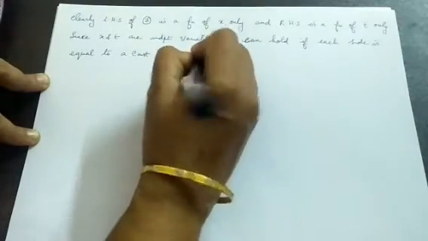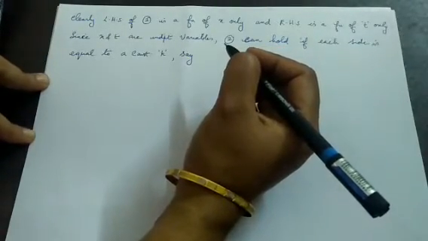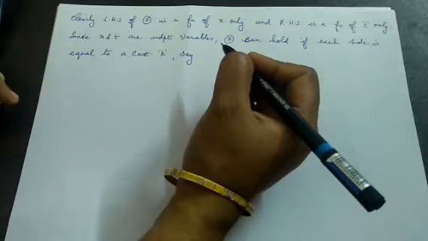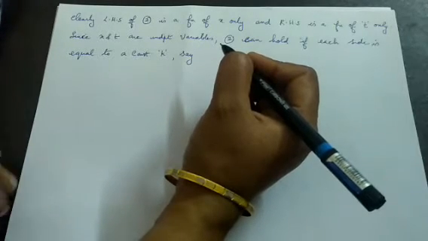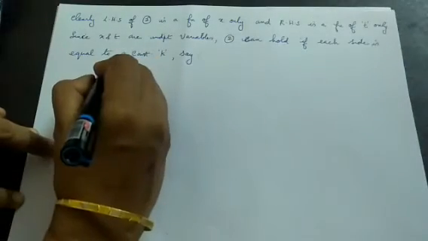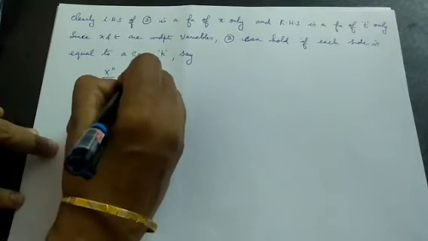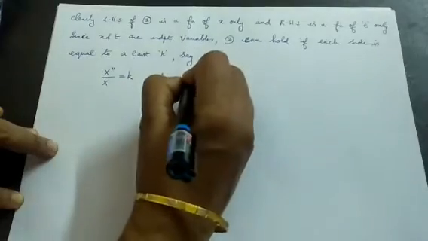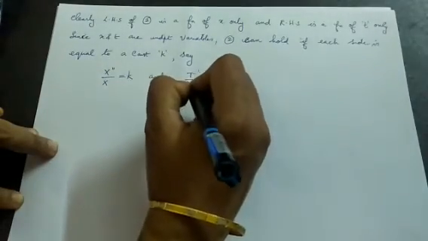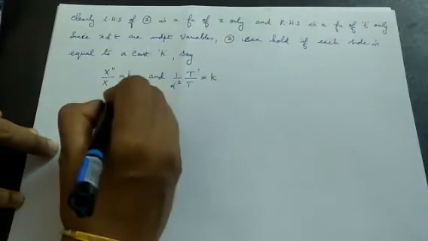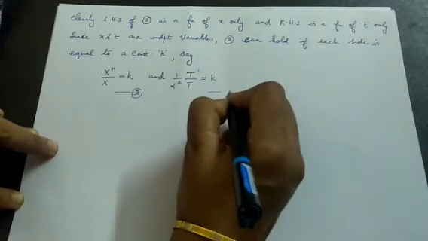That is, X''/X is taken as k, and T'/T into 1/alpha square is taken as k. Take it as equation number 3 and equation number 4.